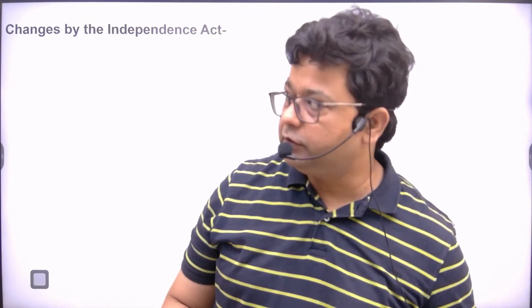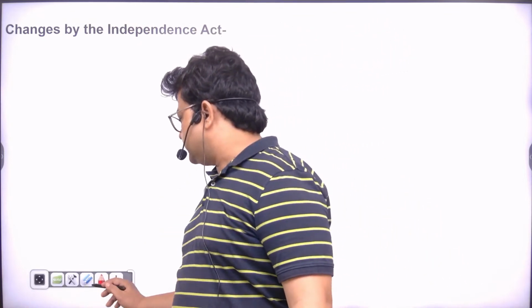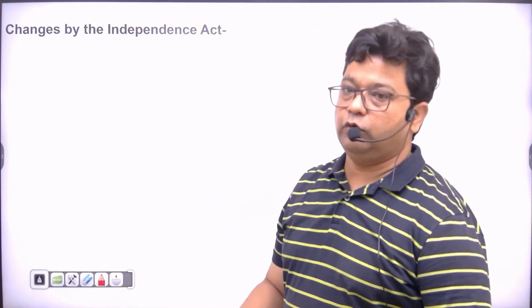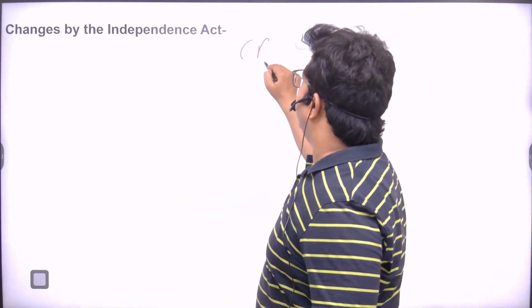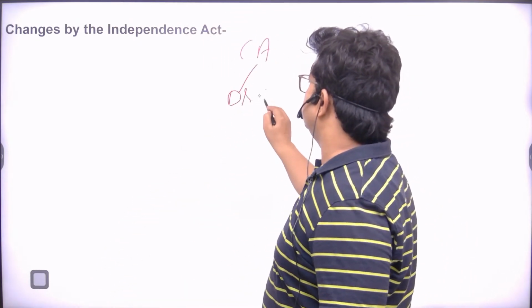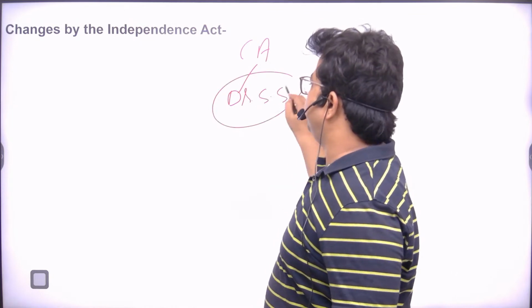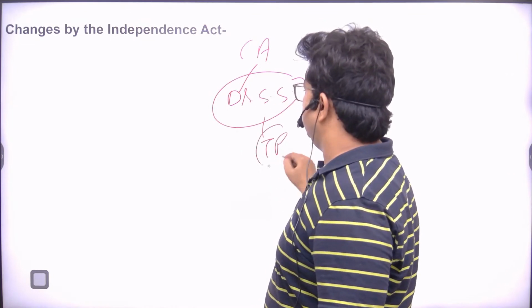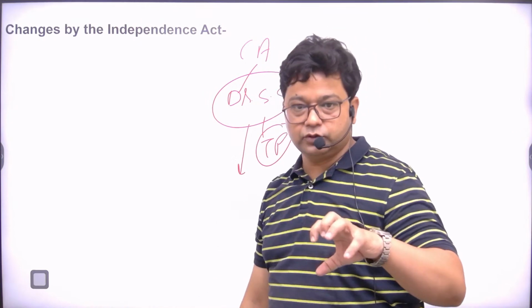So when this assembly was formed, in France, and in India also, there is a practice. You may have heard about the pro tem speaker. It is the same kind of thing: the Constituent Assembly chose Dr. Sachidanand Sinha as a temporary president to help the House.